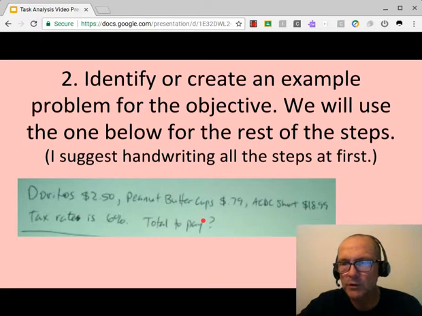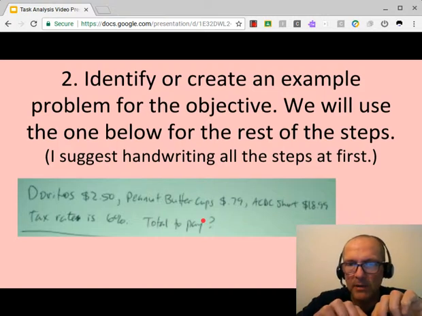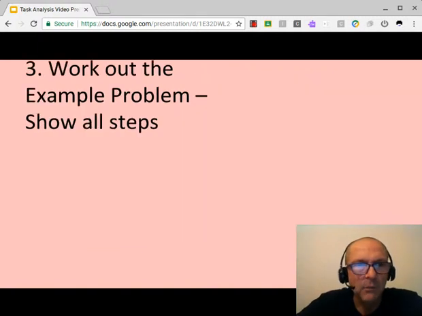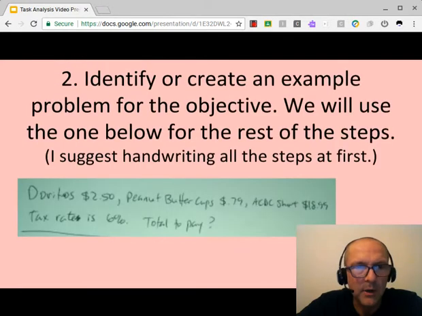I highly recommend you do it by hand because the students are going to work through it by hand. If you're busy typing, you're going to be worried about the formatting, and that's an extra layer to deal with. Just get it on paper, write it out, and then we'll transfer it to a formal document, and you'll see that later on. So what I'd like you to do now is to actually solve this problem.